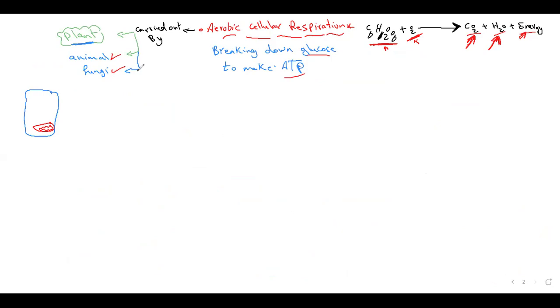Now, what is this? This is the mitochondria, right? It is made up of an outer membrane and an inner folded membrane. Anything that is folded, it is folded to increase the surface area.